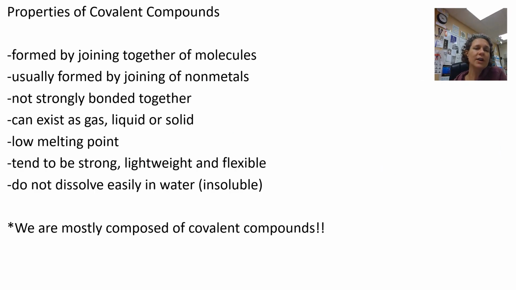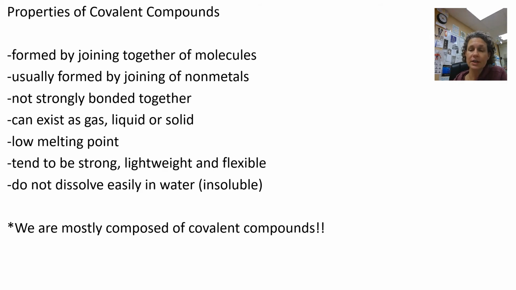Okay, so with these covalent compounds, some general characteristics. They are formed by the joining of different atoms. Most often in covalent compounds, it is the joining of 2 nonmetals. They're not very strongly bonded together. They can be solids, liquids, or gases. They're a very random group.